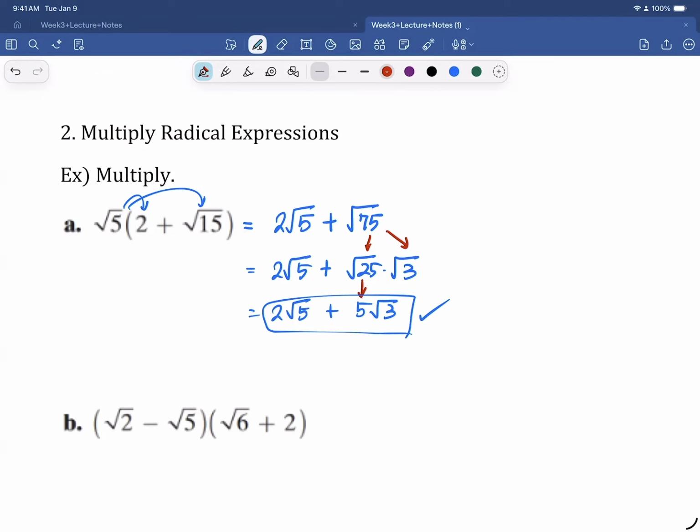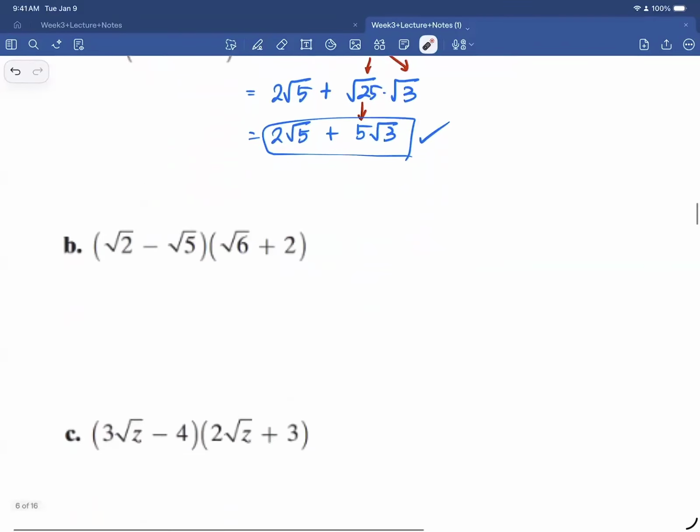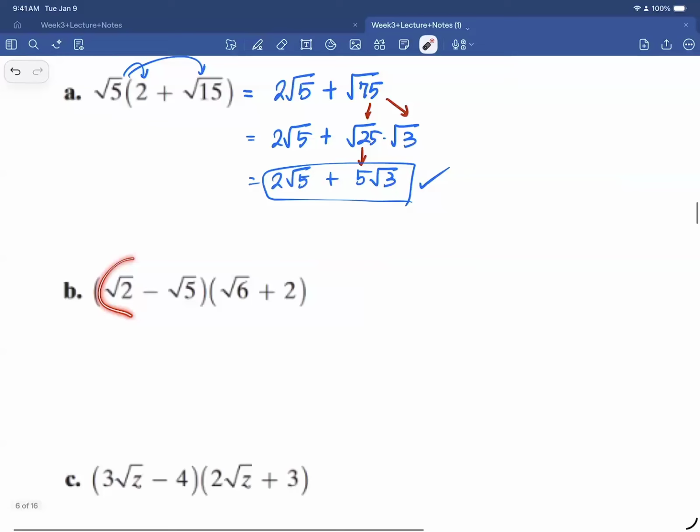So after you distribute, make sure you simplify the radical if you can. This one is kind of binomial, right? We have two terms multiplied by another two terms, so this is by FOIL.